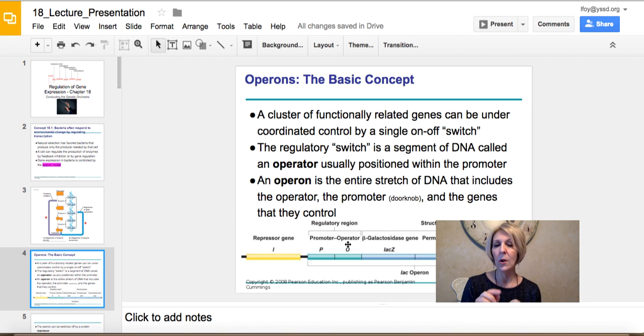The operator may or may not have a protein that sits on it that can repress that, and then we have these structural genes that are downstream. So the operon is the regulatory region plus the structural genes, with a repressor gene that makes another protein upstream.